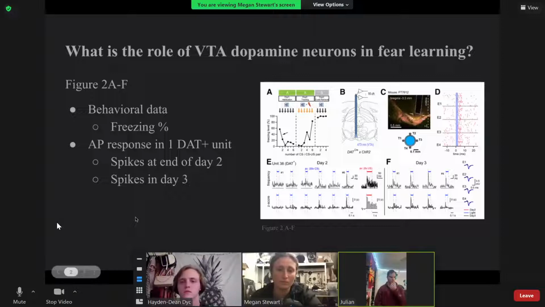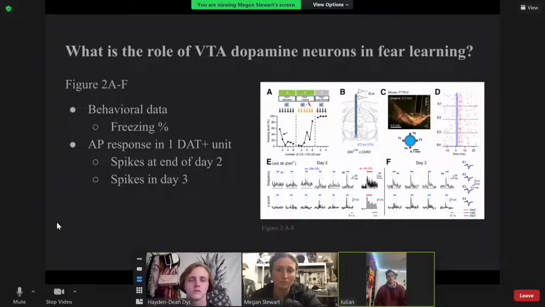As we see in A, that's just the simple breakdown of the 3-day process, and B through C were quickly just on where the electrode was implanted in the brain, both in a graph and a live photo form. And then D through F were all about the units and a little bit of data on their freezing.